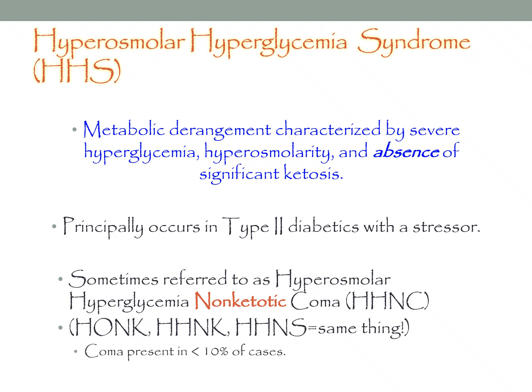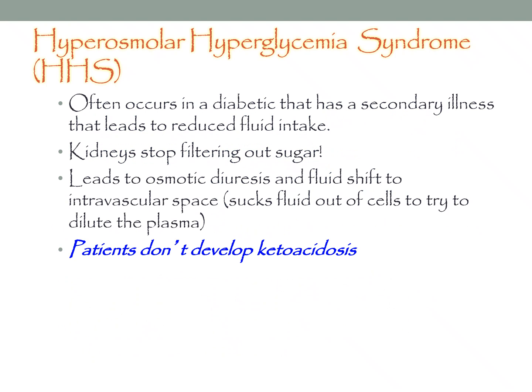You may see HONK, which is hyperosmotic non-ketotic, HHNK or HHNS. They're all variations of the same word. Non-ketotic meaning there are no ketones, which we'll talk about in the pathophysiology in just one moment.